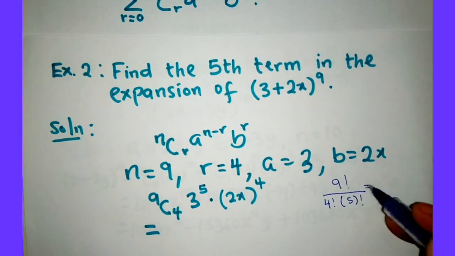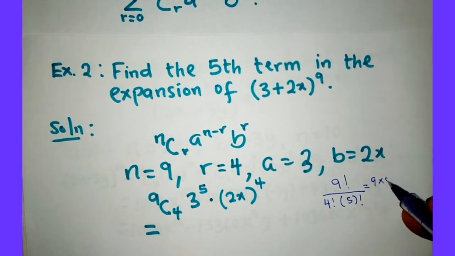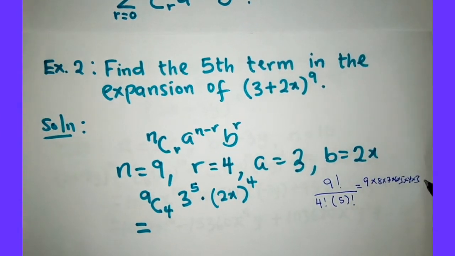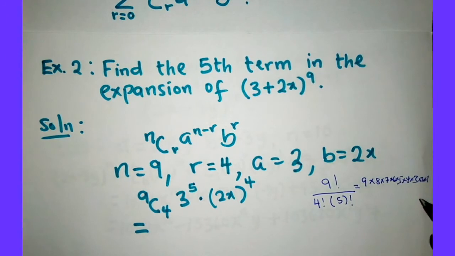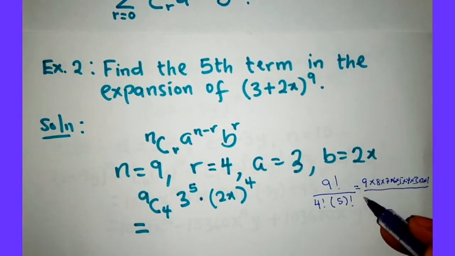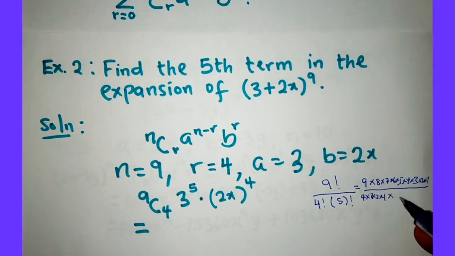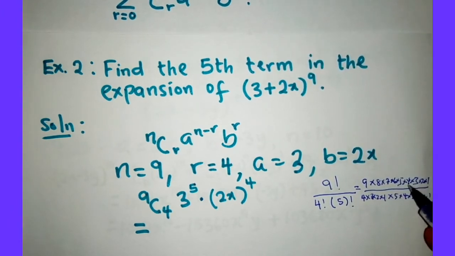And this gives us 9 factorial is 9 times 8 times 7 times 6 times 5 times 4 times 3 times 2 times 1 over 4 factorial is 4 times 3 times 2 times 1 times 5 factorial is 5 times 4 times 3 times 2 times 1. So we can cancel this 5.